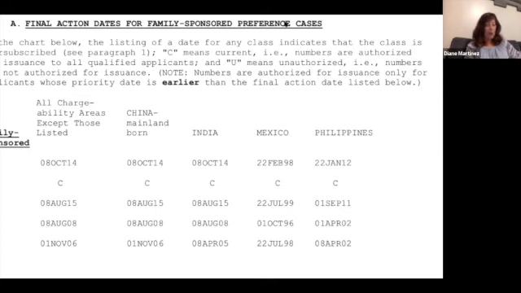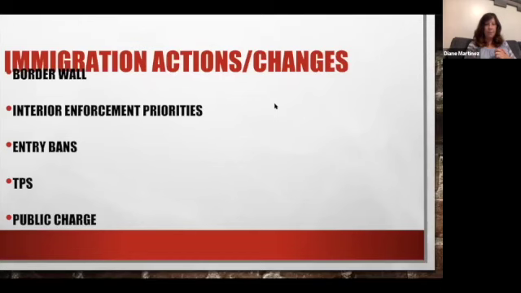All right, I wanted to go over some of the actions. Juana, can you go to the next slide? There have been hundreds of executive actions signed in these last few months. There's no way we can go over all of them, so I'm going to hit some of them pretty quickly. We talked a little about the border wall.